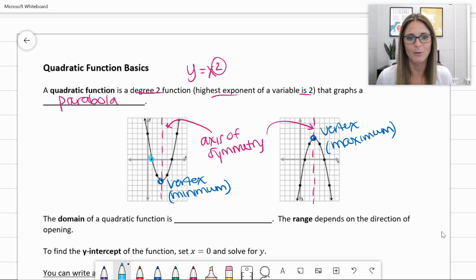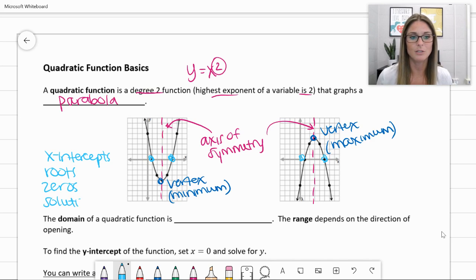Let's next label these x-intercepts. Now, your x-intercepts can also be called roots, zeros, and what we're likely going to see most of the time, solutions.